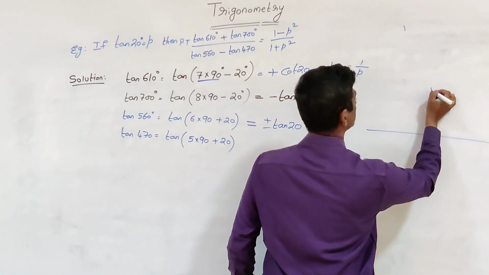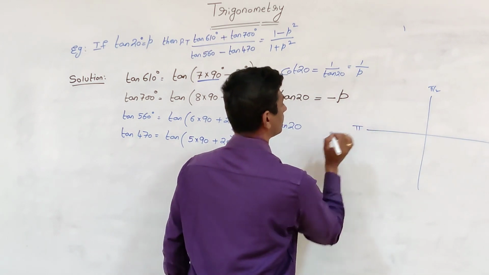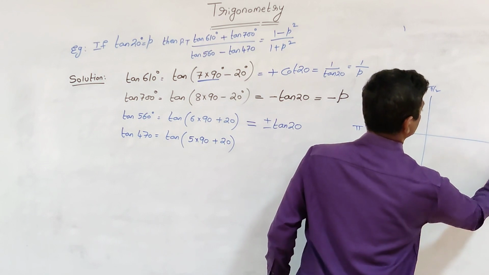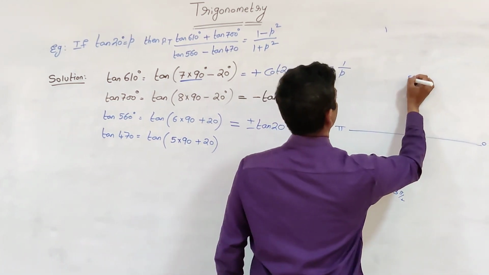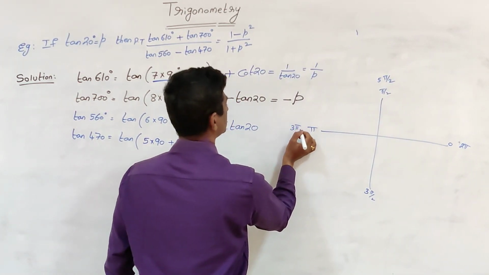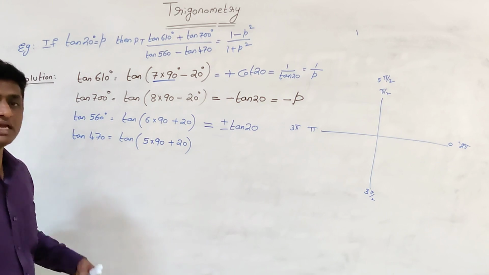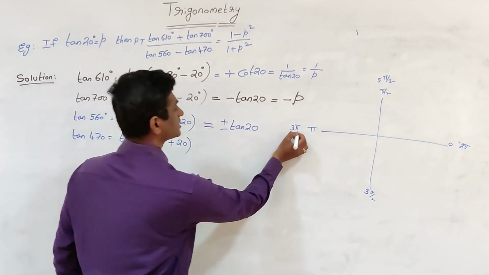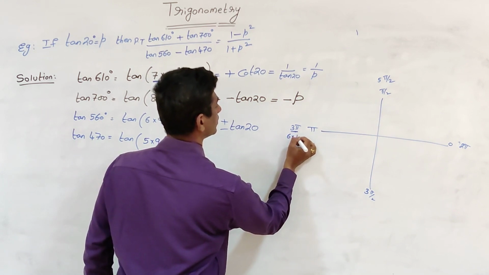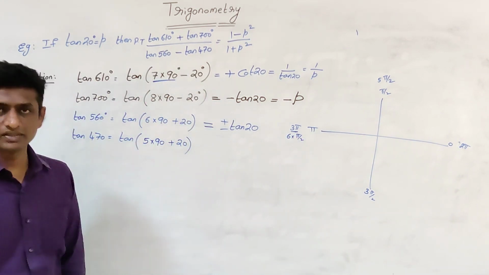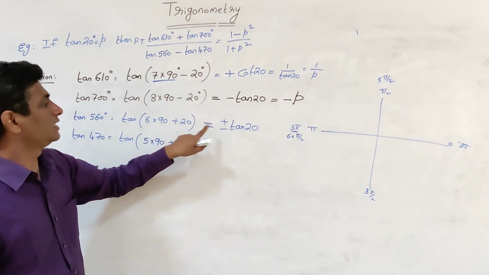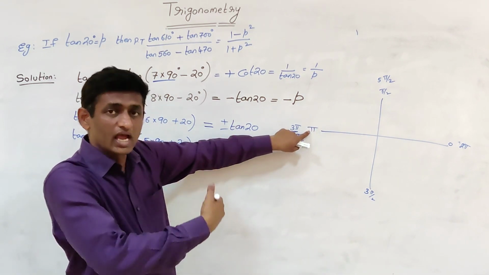So 0, pi by 2, pi, 3 pi by 2, 2 pi, 5 pi by 2, 3 pi. 3 pi can be written as 6 into pi by 2. 6 times pi by 2, that is 6 pi by 2, is the same as 3 pi. 3 pi plus 20 means it is rotating in the anti-clockwise direction.